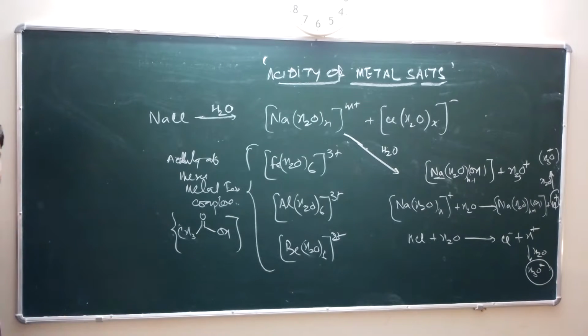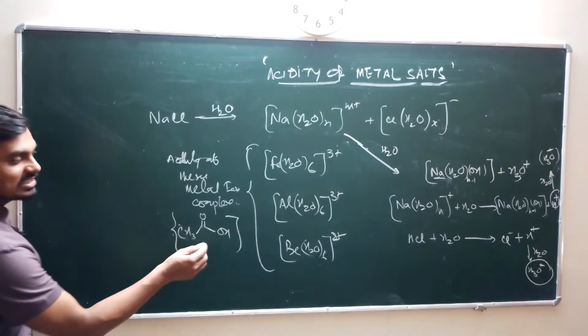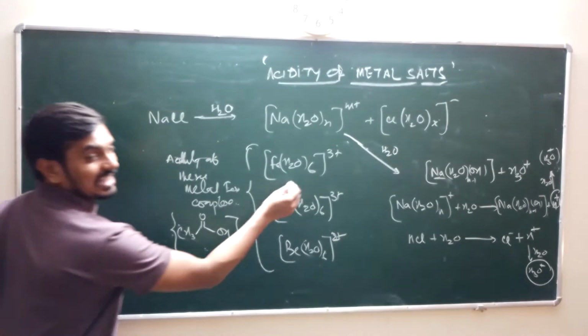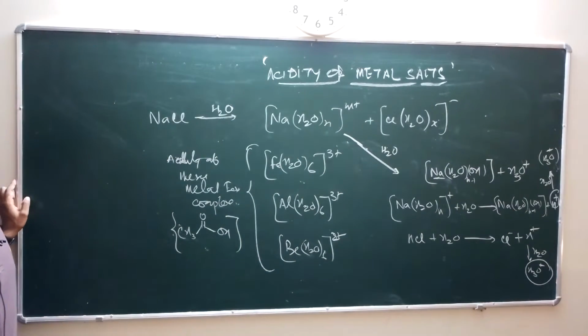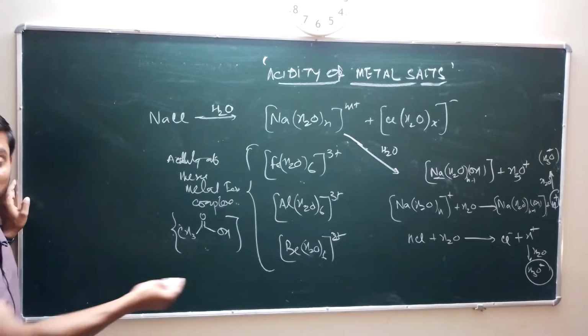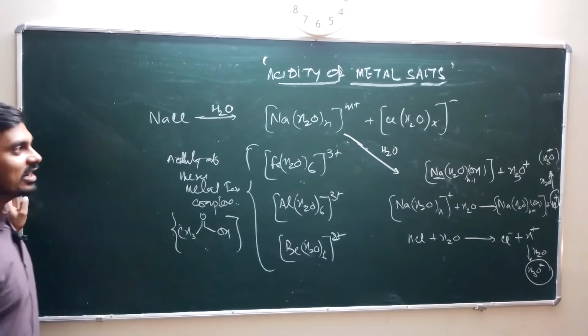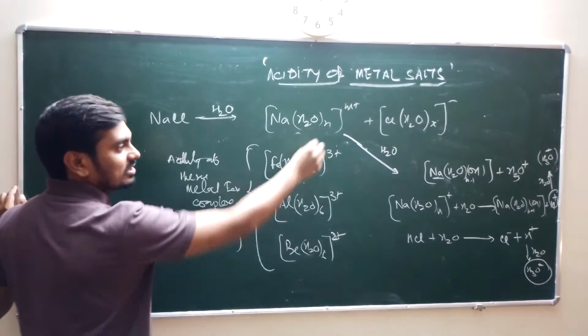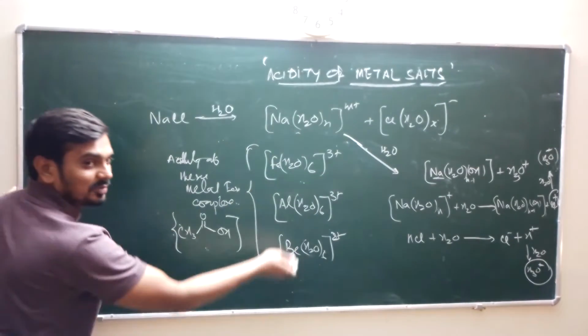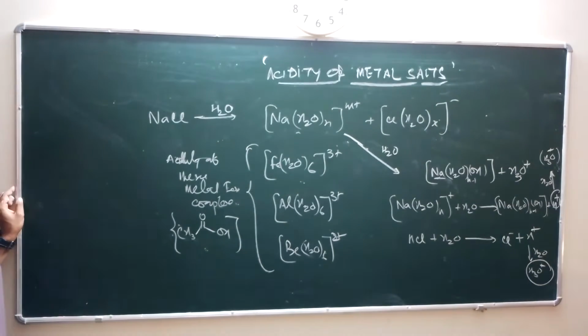Acetic acid is a mild acid, isn't it? The acidity of acetic acid and the acidity of these complex salts is almost equal. Although it's insignificantly acidic, not measurable, the acidity of these three ions cannot be ignored.